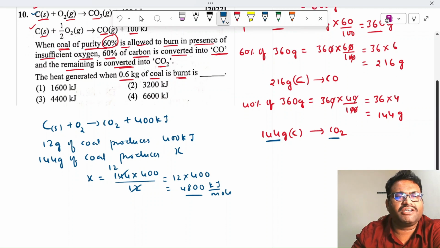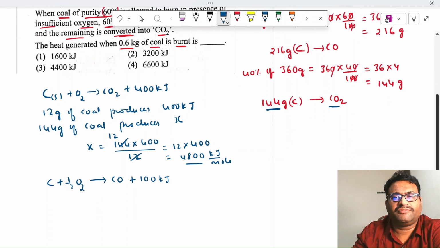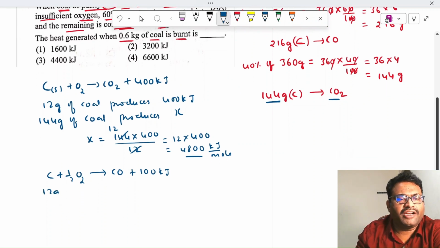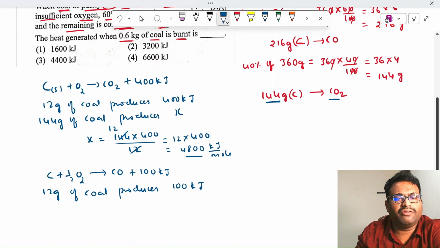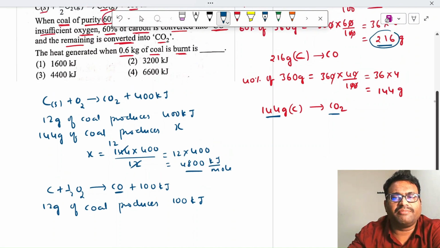From the next equation, let us take C plus half O2 gives CO plus 100 kilojoule. What does that mean? That means that 12 grams of coal, from the stoichiometric equation, produces 100 kilojoule when it is converted into carbon monoxide. But how much coal is converted into carbon monoxide? 216 grams.